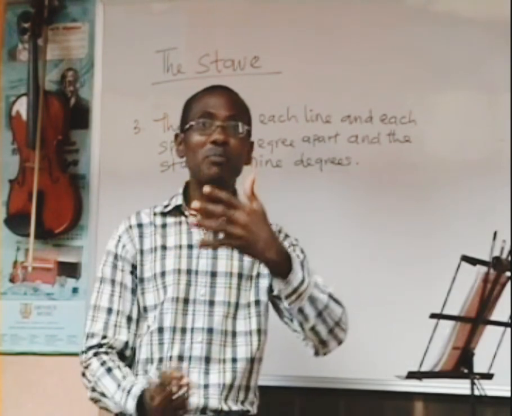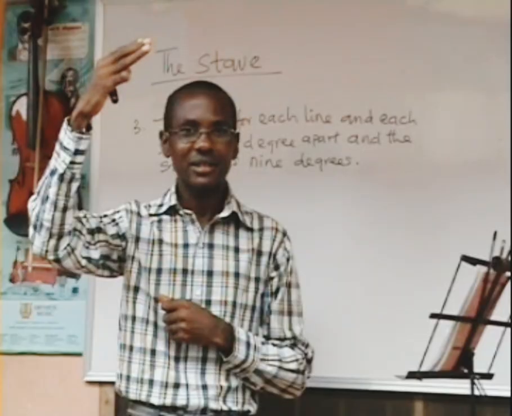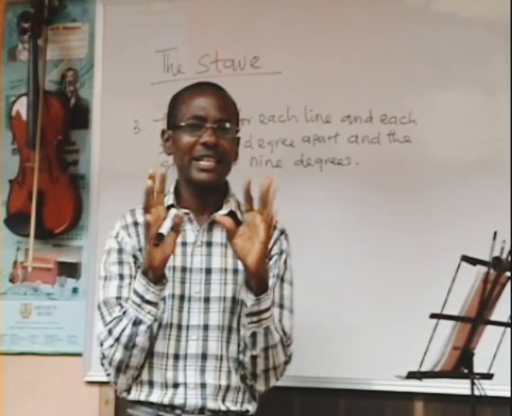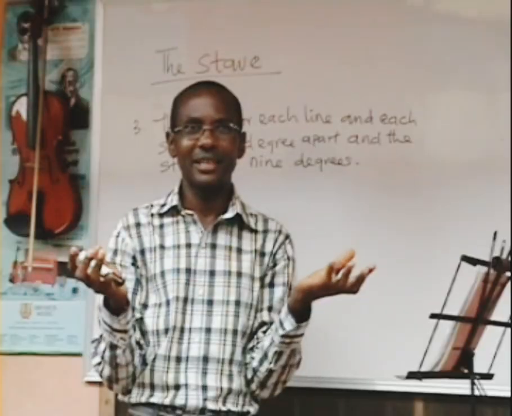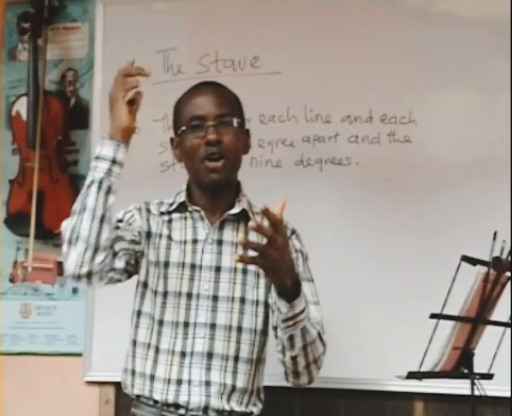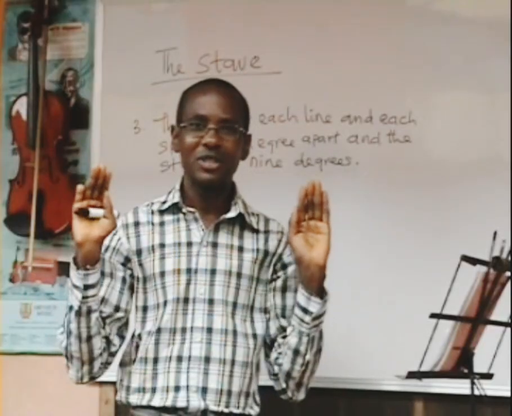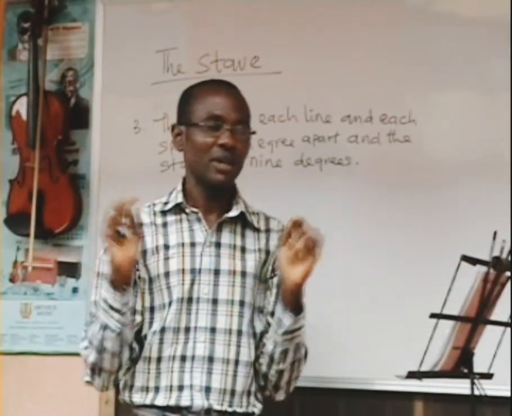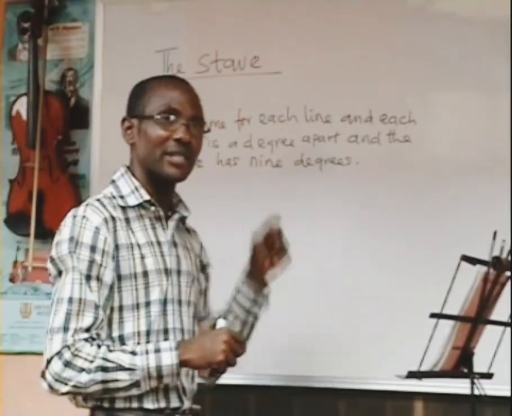You've already moved up a degree. The sound has increased. So you don't just take it as I'm not doing anything, I'm not changing anything, I've only moved a step up. Once you move up any step, your sound position has changed. That is the third information I'm giving you here about the stave.